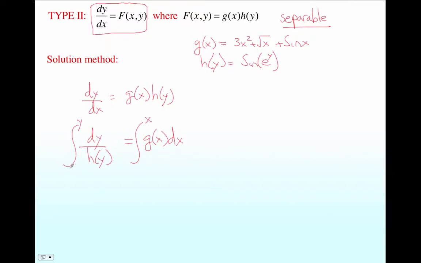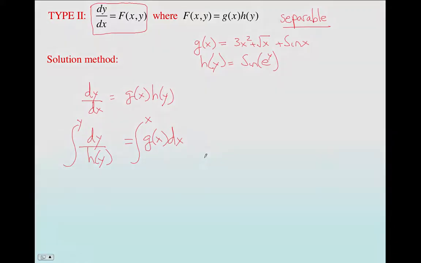Don't worry about where we start this integral or this integral, because that will be absorbed into a constant, and that constant we shall determine from initial conditions. Now, if this integral is something that you can do, and this integral is something that you can do, then this equation can be solved.